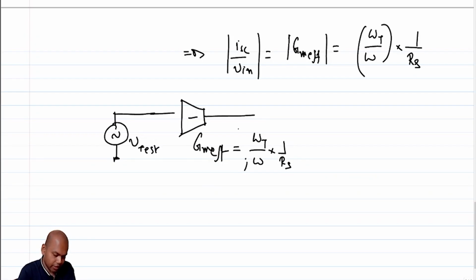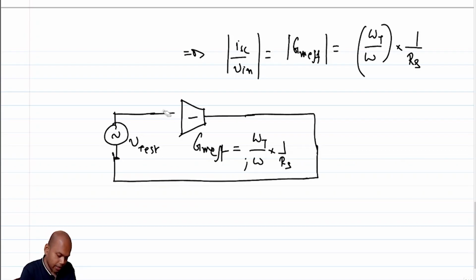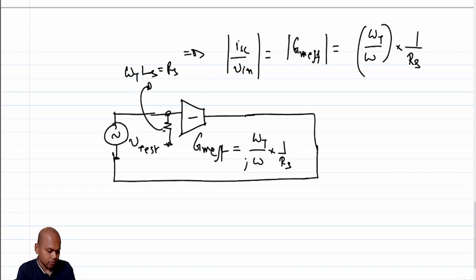Ideally it should be J times, and I say that there is an input impedance of omega t times Ls equal to Rs, right? So this effectively models the LNA, right?